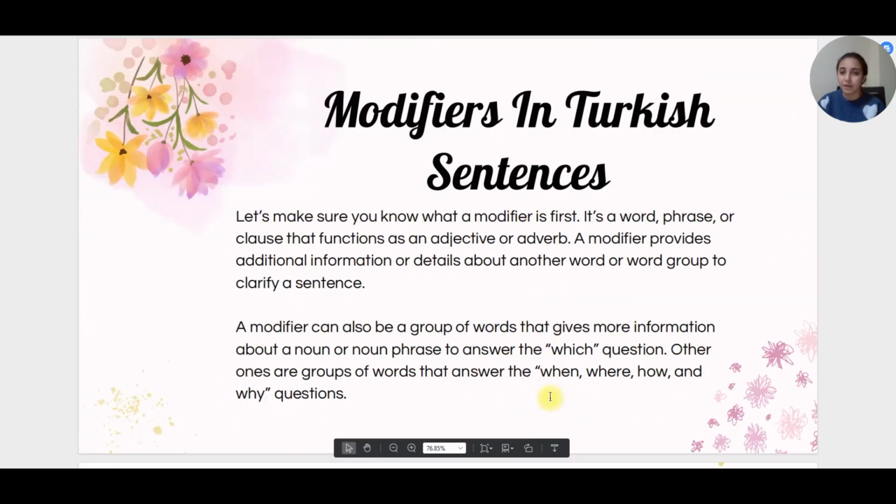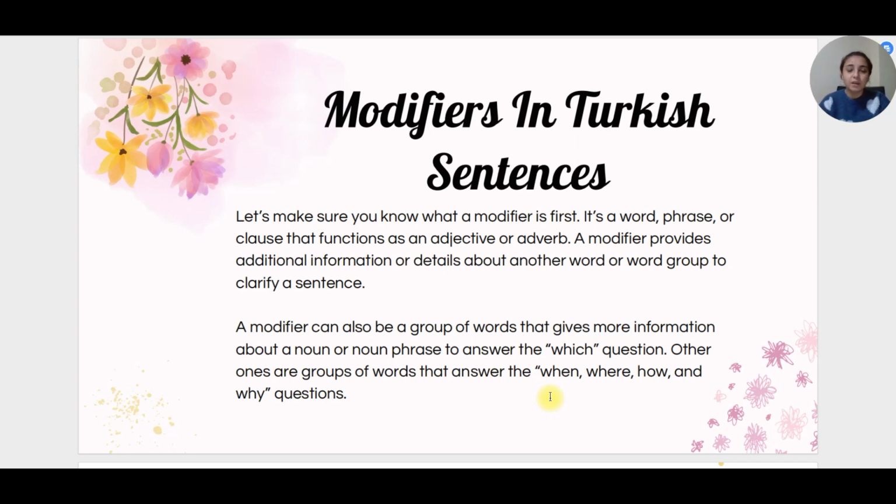Okay, modifiers in Turkish sentences. What is a modifier? Let's make sure you know what modifiers are first. It is a word, phrase, or clause that functions as an adjective or adverb. A modifier provides additional information or details about another word or word group to clarify a sentence.